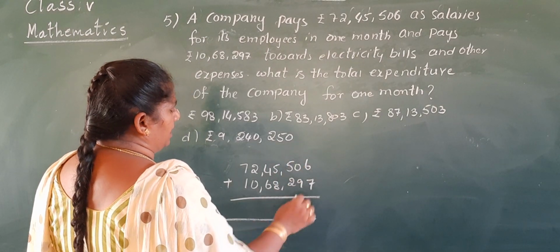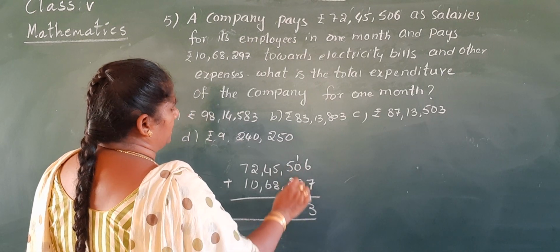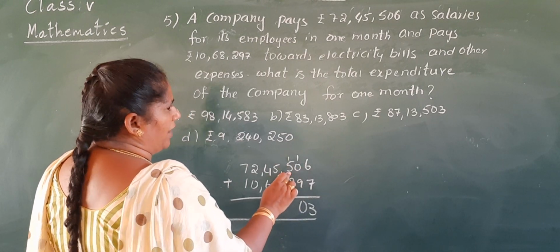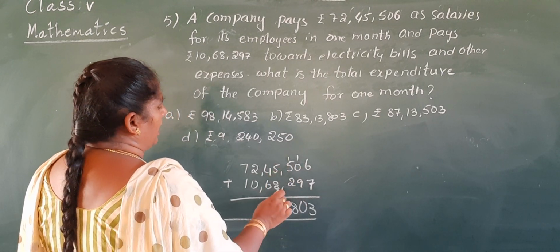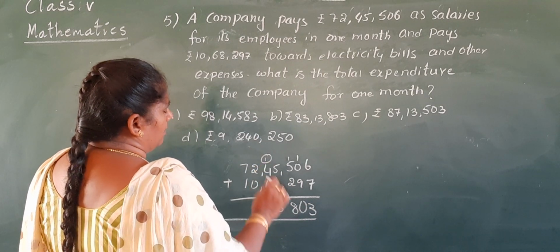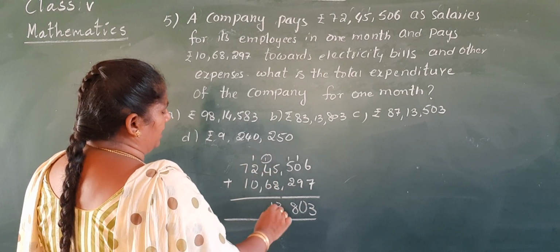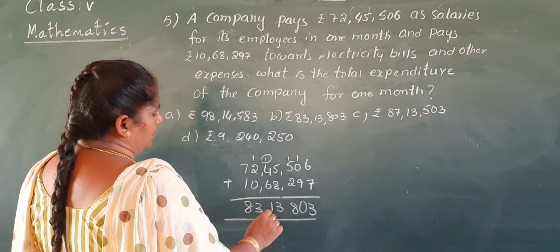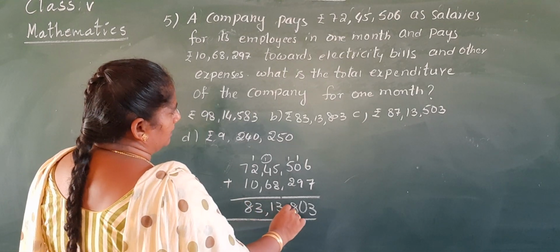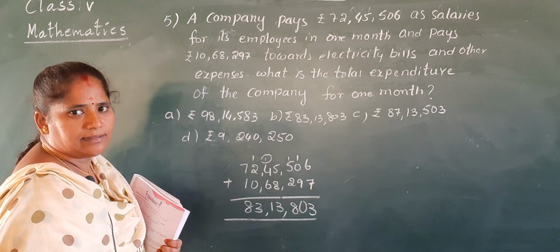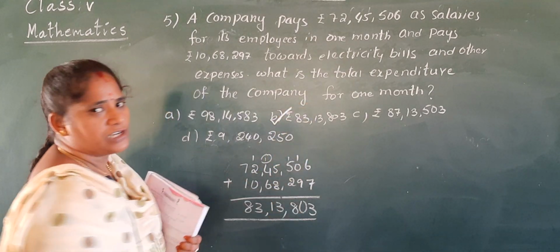Total means we do addition. 6 plus 7, 13, 1 plus 9, 10, 5, 1 plus 5, 6, 6 plus 2, 8, 5 plus 8, 13, 1 plus 4, 5, 5 plus 6, 11, 3, 8. So 83,13,803. So this is the correct option, B.